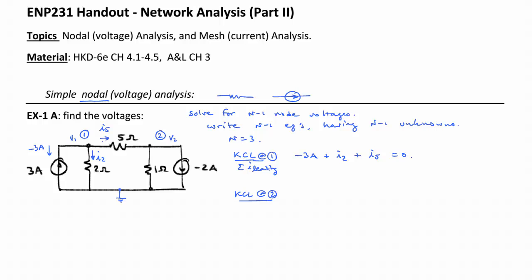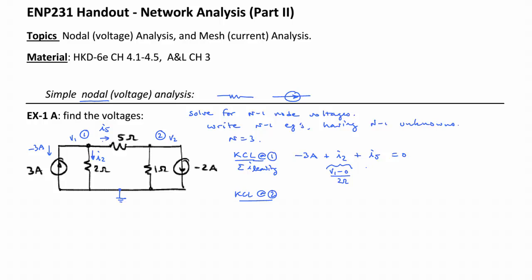Now the next thing we want to do is replace all of those currents, in this case I2 and I5, with expressions that involve our unknown node voltages. And here's how that works. I2 can be expressed in terms of the voltage across the 2 ohm resistor. That voltage is just V1 minus 0, and we can get the current if we divide that by 2 ohms.